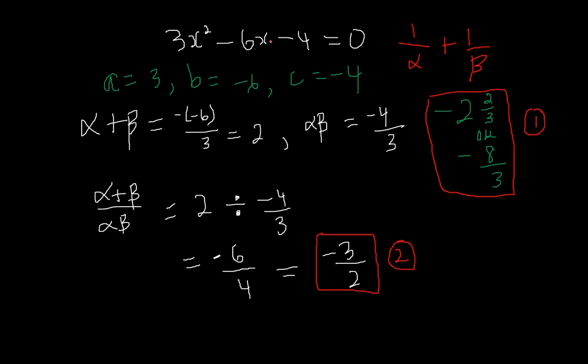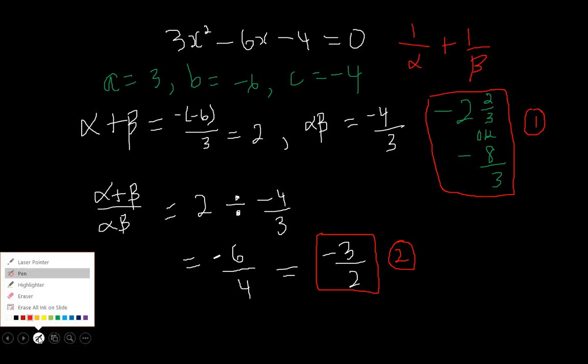So you still get minus 2 and 2, or you get the minus. I say minus 3 and 2, that's what I actually write out, but when you put it in the calculator, you get negative 2 and 2. Miss, when I do 2 divided by negative 4 over 3, I got negative 3 over 2.